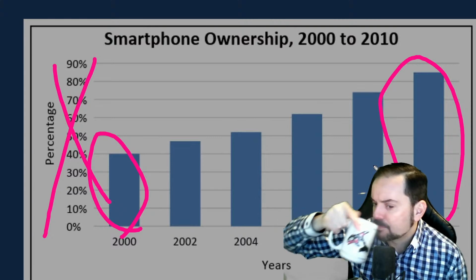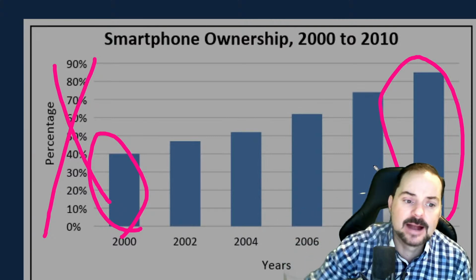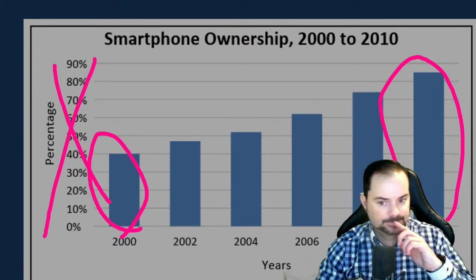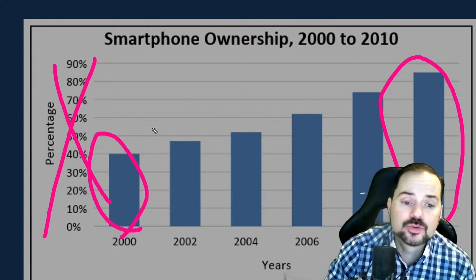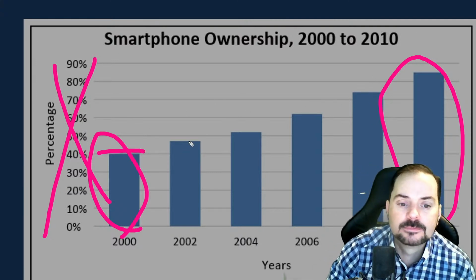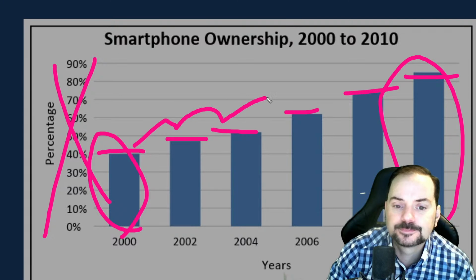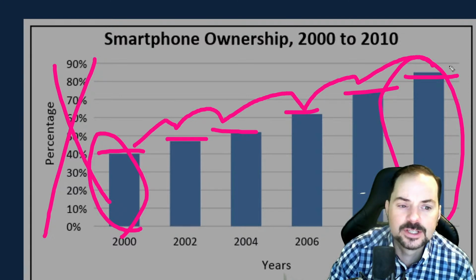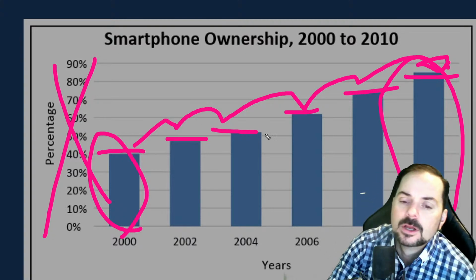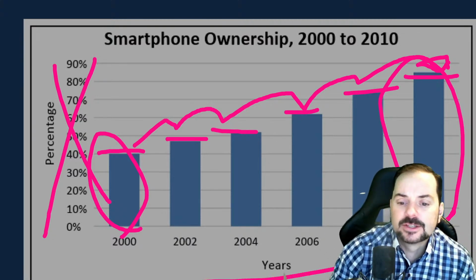So rather than that, we want to kind of look at the trend, right? So here we've got the least in 2000, and then every consecutive 2 years, we've got an increase in data usage, right? Now, again, we don't need to get into details.